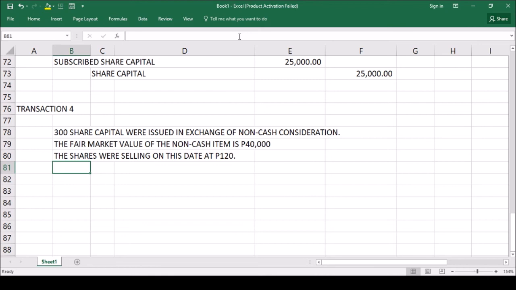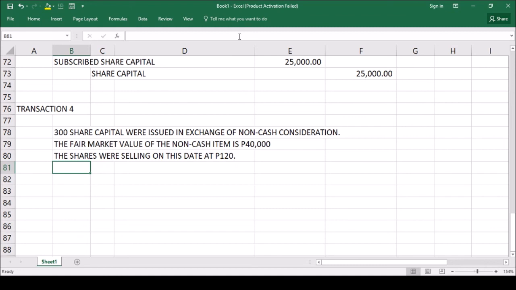If the fair market value of the asset received is not clearly determinable, hindi po mahagilap, hindi po malaman, hindi po ma-determine, the next priority is the fair market value of the shares on the date of issuance. If both cannot be determined on that date, we will proceed to the par value.